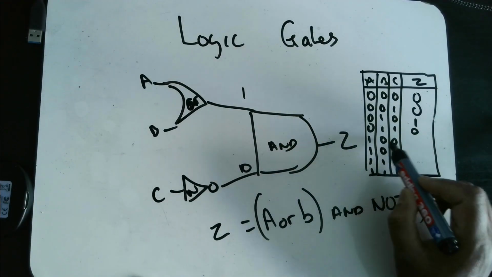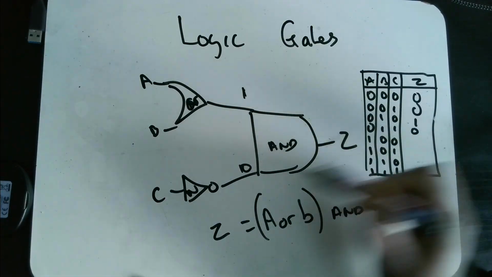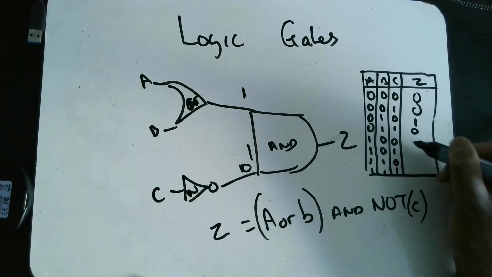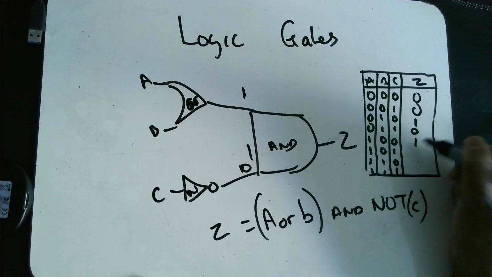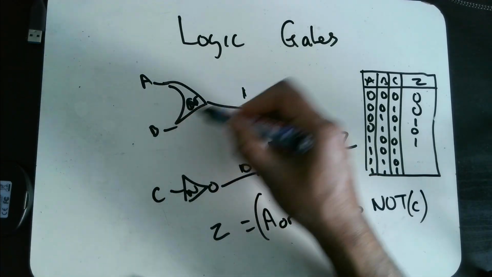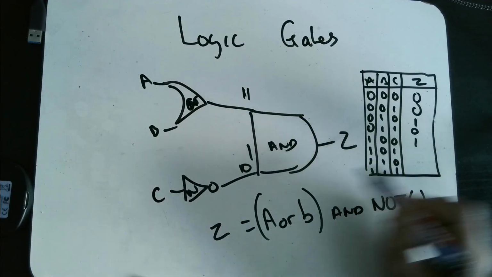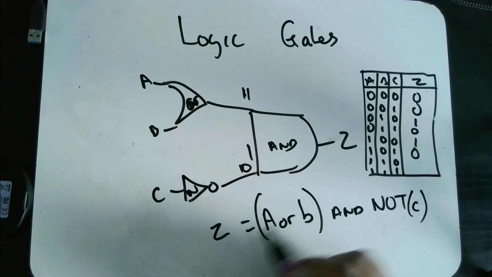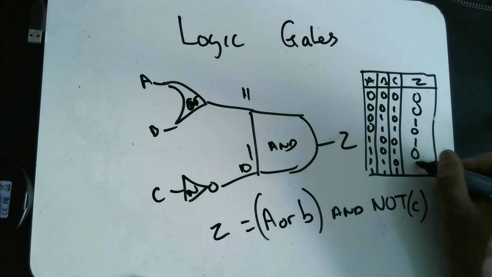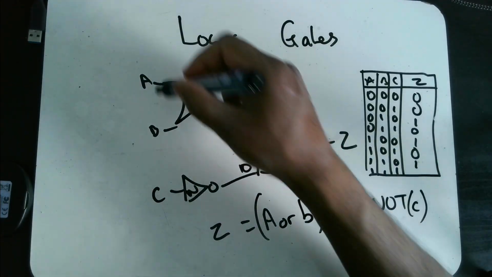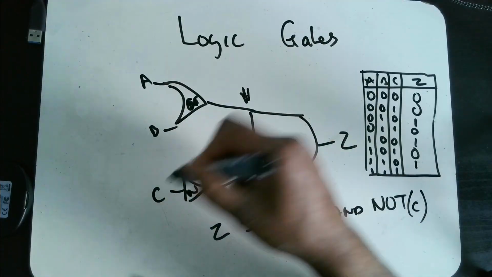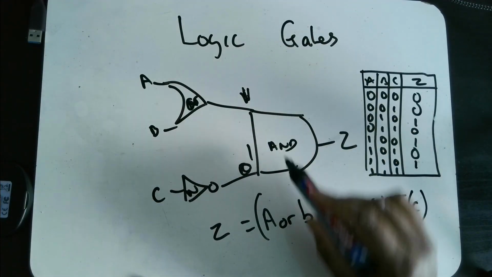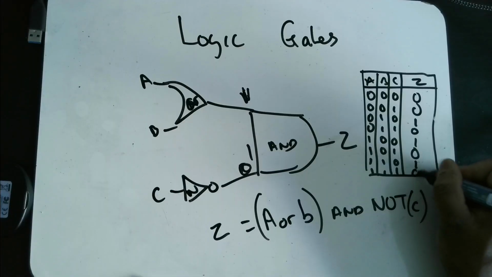Carry on going. 1 0 here will be 1, 0 here converted to a 1 equals a 1 overall. 1 0 will be 1, then the 1 here converted would be 0, so 1 and 0 equals 0. 1 1 would be 1, 0 here converted will be 1, so 1 and 1 equals 1. 1 1 1, so 1 and a 1 will equal 1, 1 here converted will be 0, 1 and 0 will equal 0.